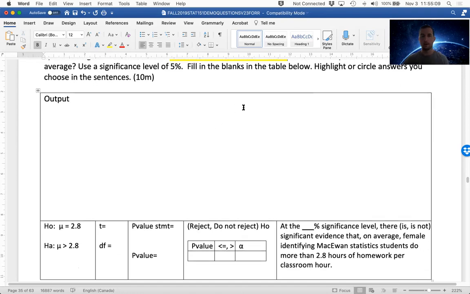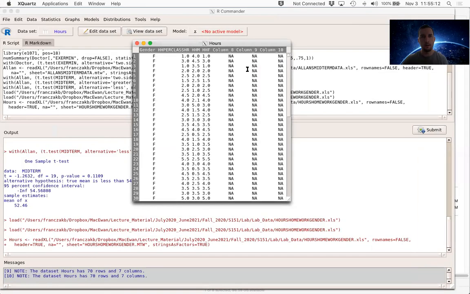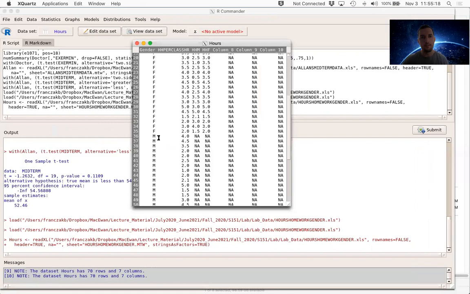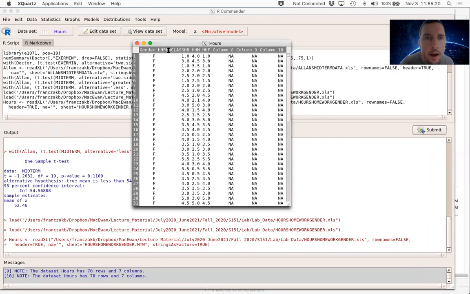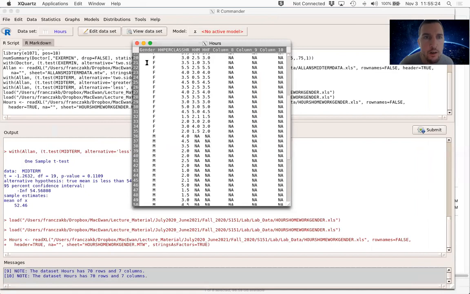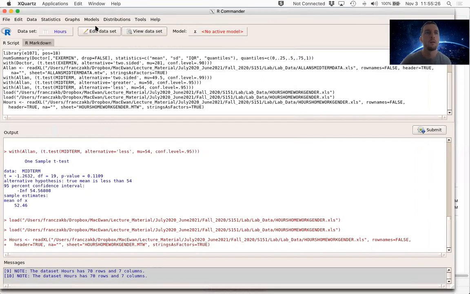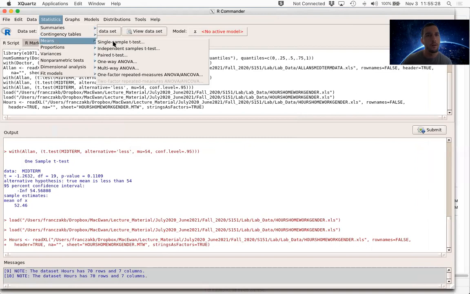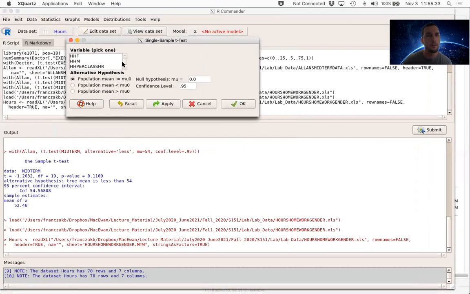All right, so if we go back to Rcmdr, we are interested in the female gender, and then we're going to want the first variable for the female gender here. So we're going to do a single sample t-test.